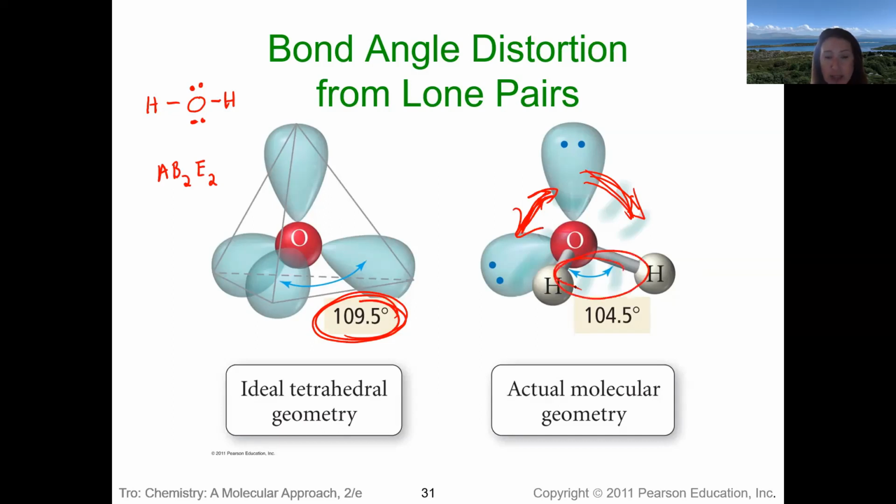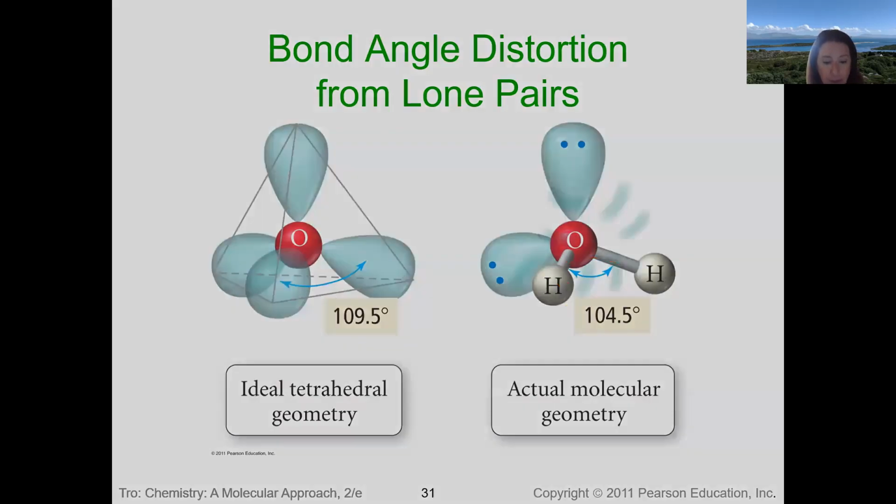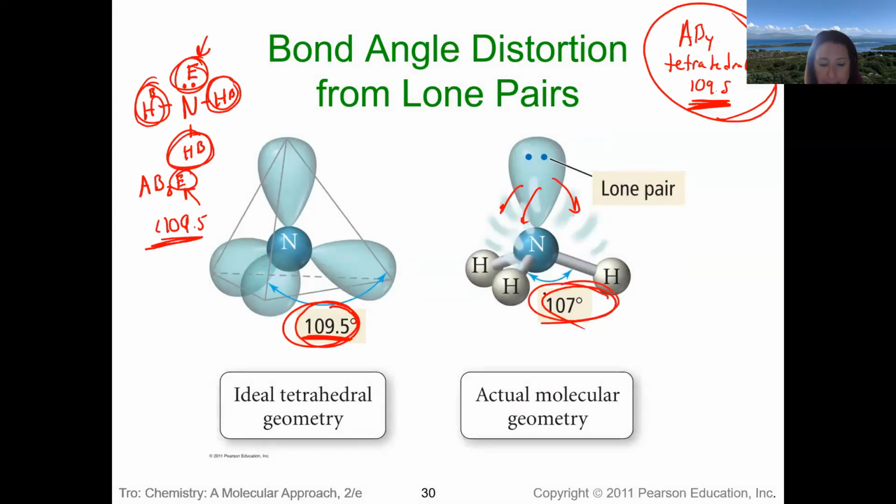They're shrinking this bond angle. So instead of 109.5, it actually ends up being like 104.5. Do you need to memorize this? No. I just say much less than 109.5. So if we have 4 atoms, it's 109.5. But if we have 1 lone pair, it's a little bit less than 109.5.